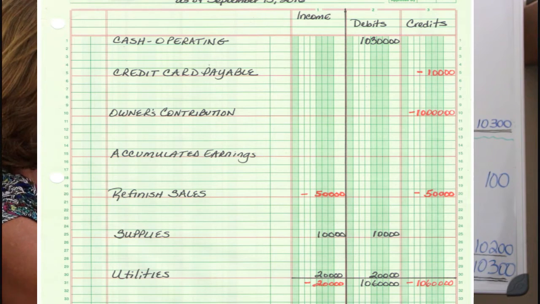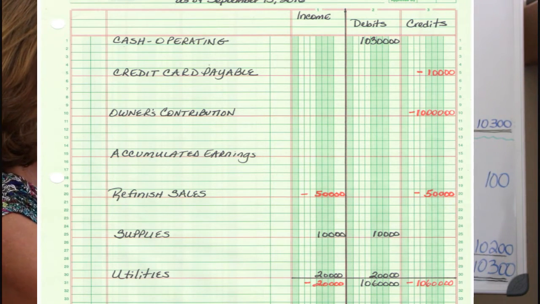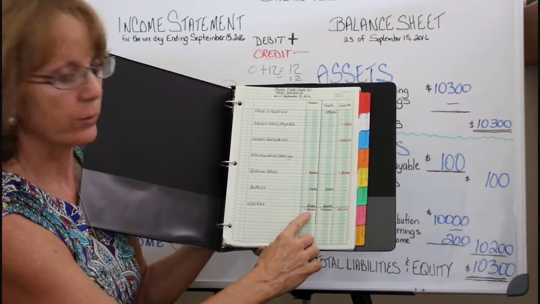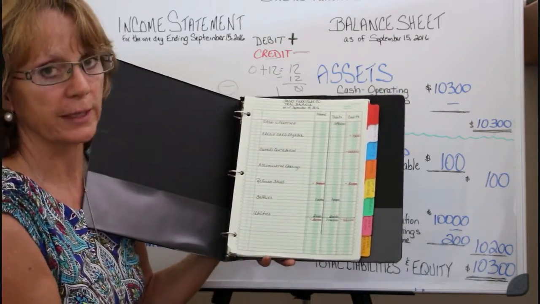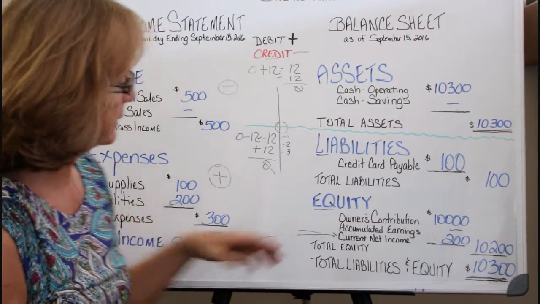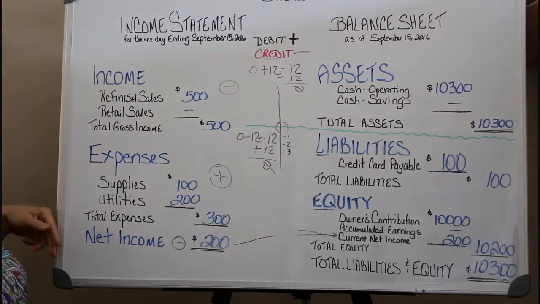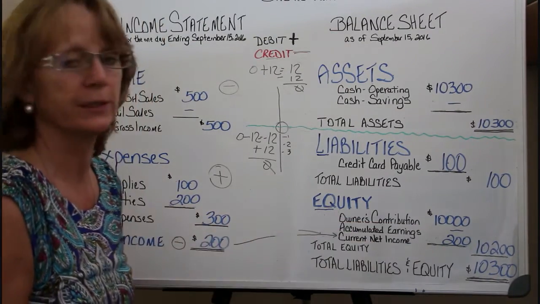They are $10,600. Now on here we have a column for the income. We list the debits and credits here, the income and the expenses. We find out what our net income is so that we can check everything, make sure everything flows correctly. Our net income comes over to our current net income, and then once we post all of our debits and credits over here, the net should be the same $200 credit that comes over here.